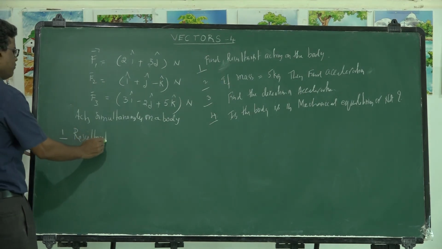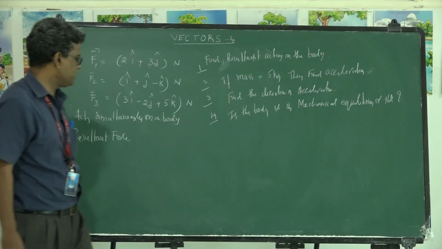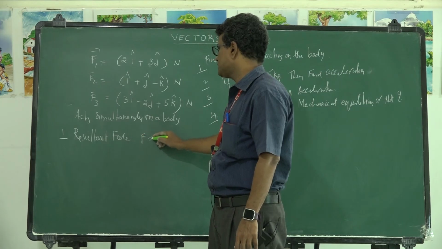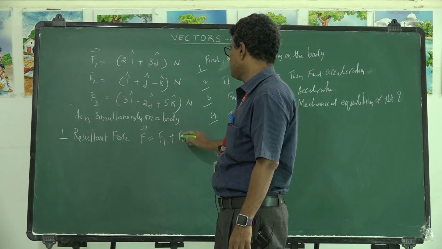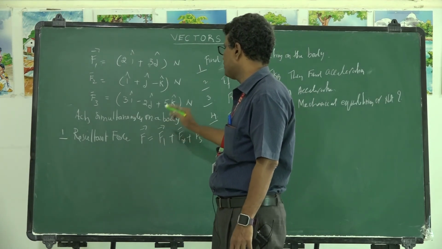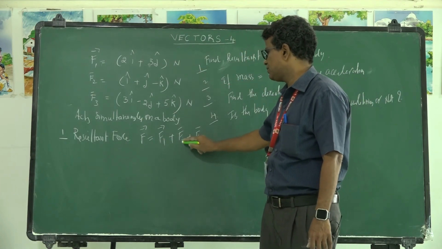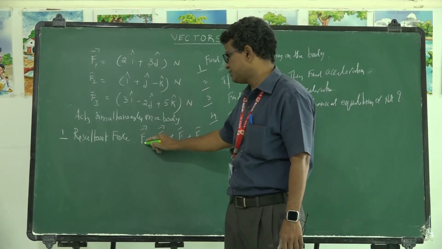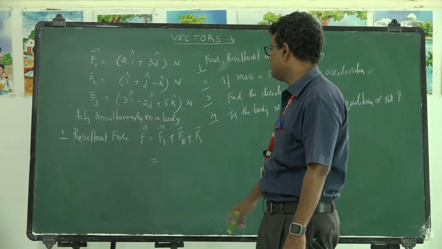So the resultant force from the laws of vector addition, I am using the components method here. F bar is the resultant force. I take F1 bar plus F2 bar plus F3 bar. Since there are three forces, we can add three forces. So F1 bar plus F2 bar plus F3 bar gives resultant force F. Now, what is F1 bar, F2 bar?